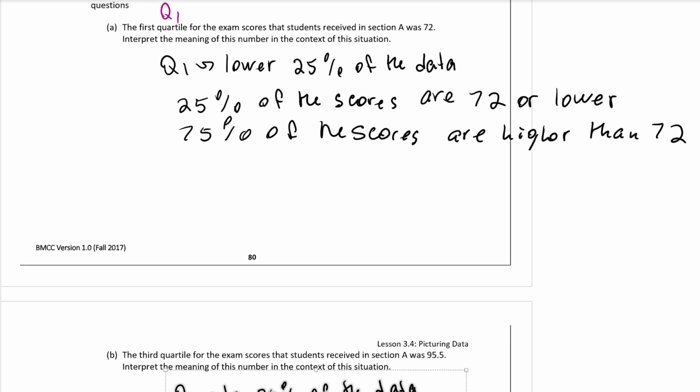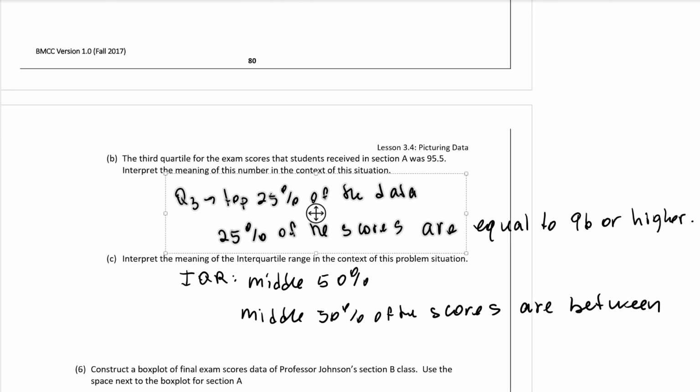So we have 72 and 95.5. So that means that 50% of the students scored there. Another way you can say is that 25% of the students scored higher than the median, but less than 95.5. And the other 25% of the students scored less than the median, but more than 72.